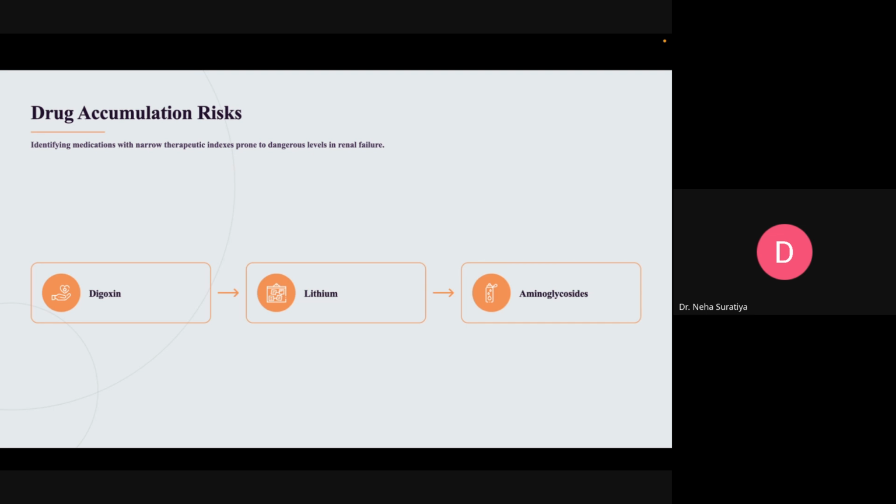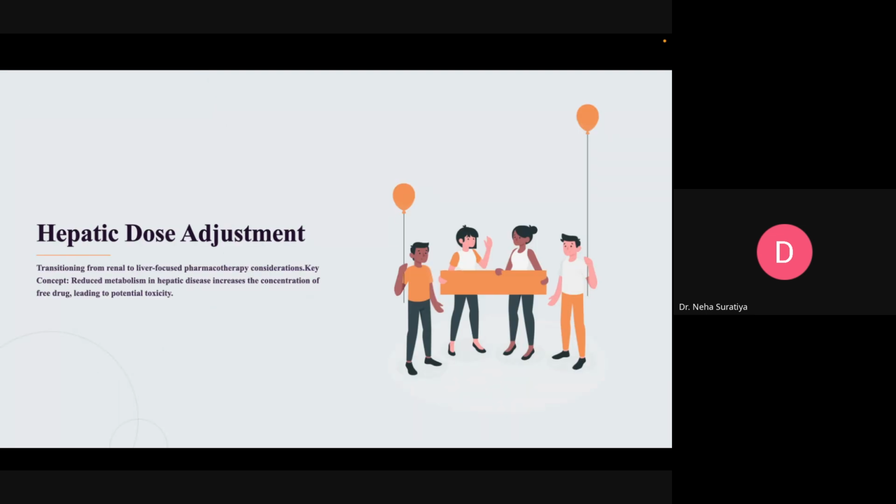Okay, now we are proceeding to the hepatic dose adjustment topic, which is again as important as the renal one. So far we have discussed the kidneys. Now we will talk about the liver. You need to understand that the liver is the primary organ that metabolizes your drugs.